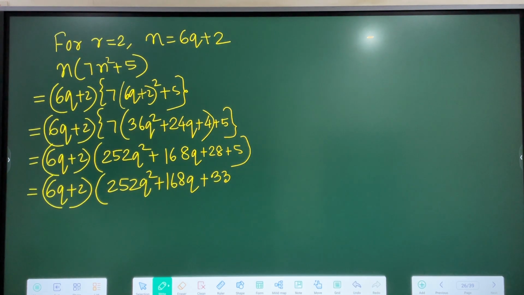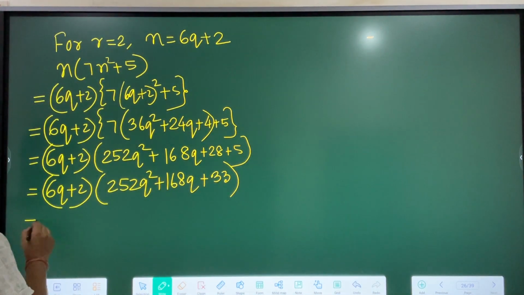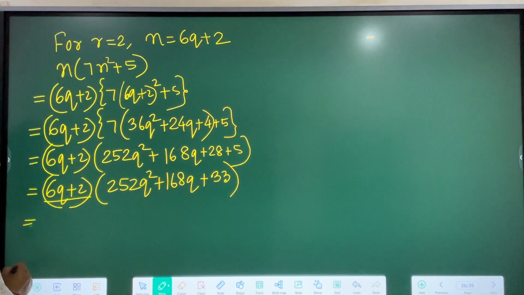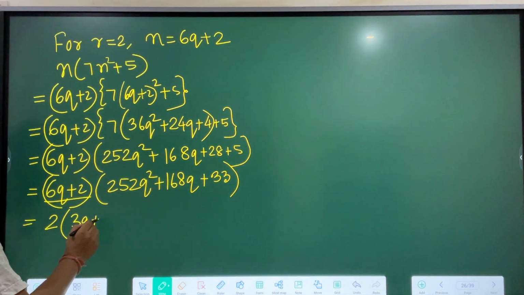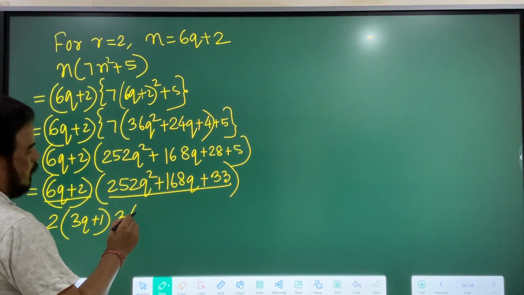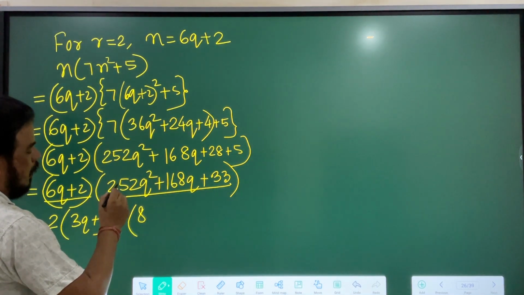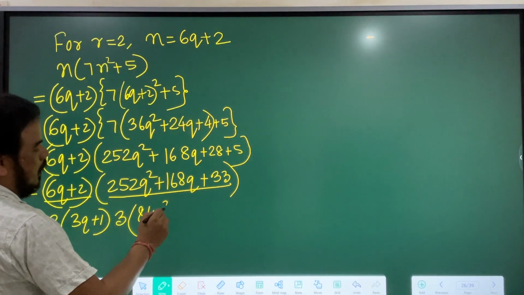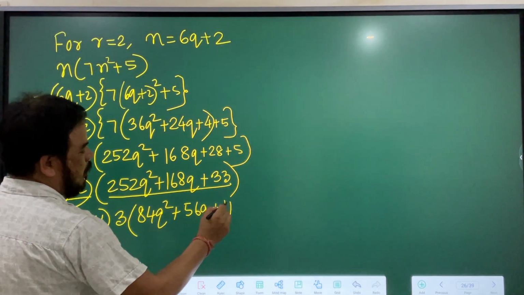7n square plus 5. Okay, no problem. From these two terms we can take 2 common, so 2 times 3q plus 1. From these we can take 3 common: 3 8s are 24, 3 4s are 12, 3 5s are 15, 3 6s are 18, 3 11s are 33.